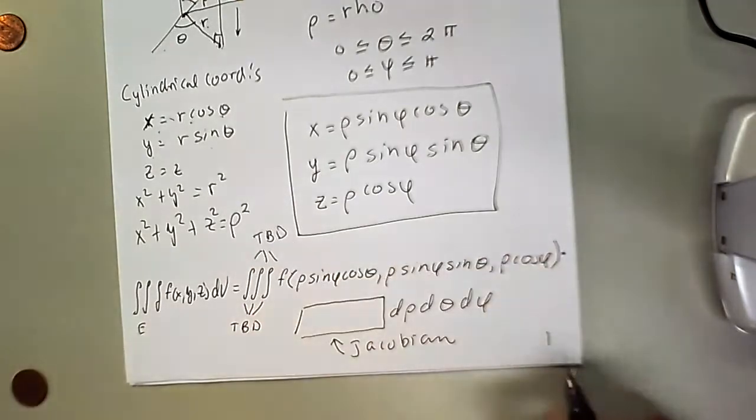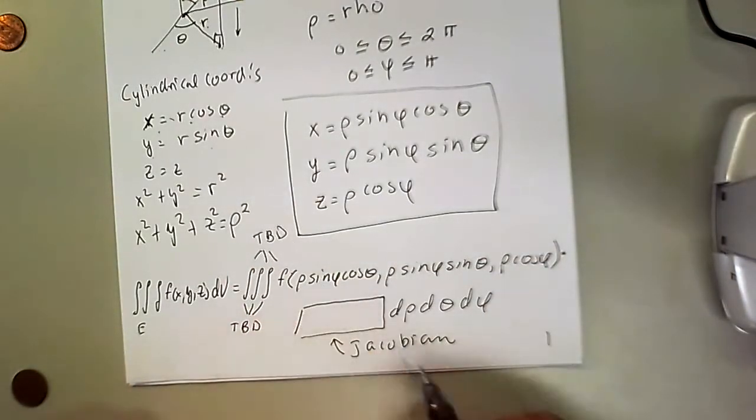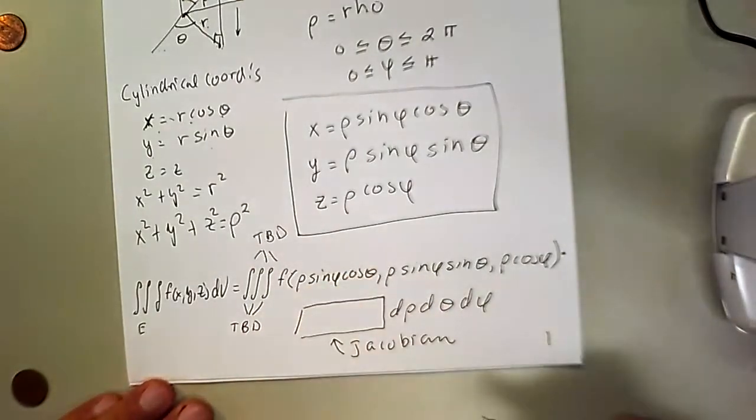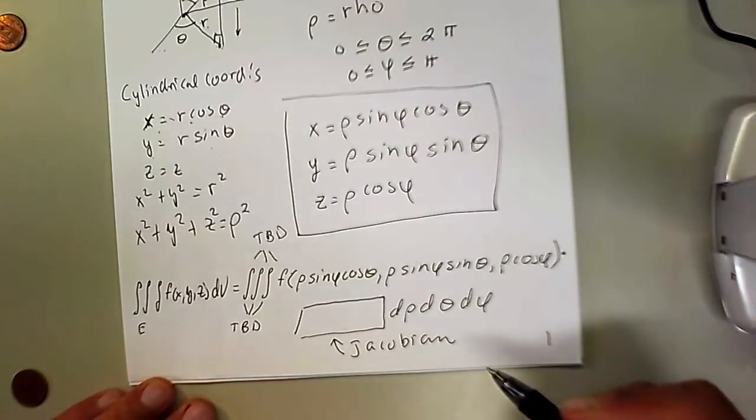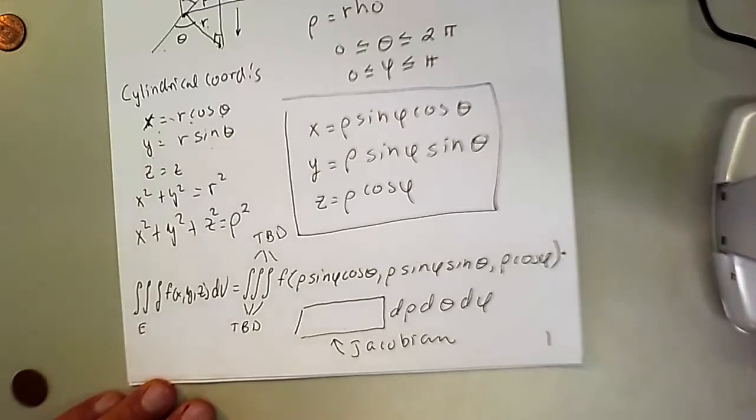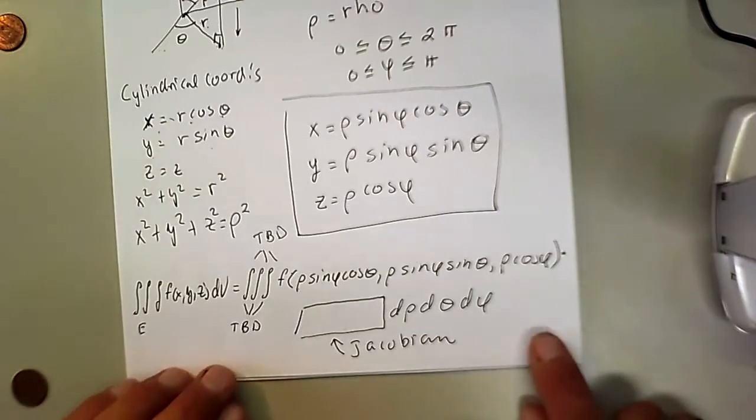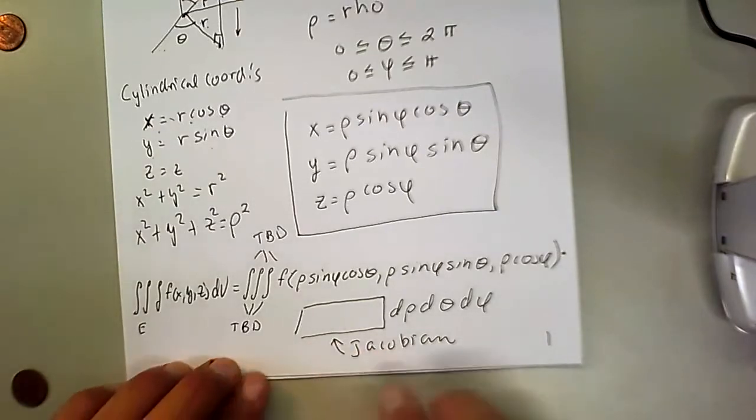I'm writing a general formula, so that's why I'm not determining them. But once we start working on a problem, we have to determine the limits of integration of the new integral. Okay, so we are missing the Jacobian.